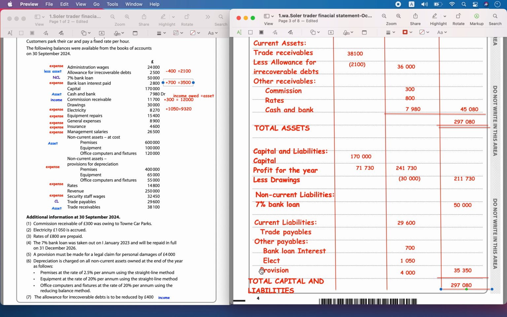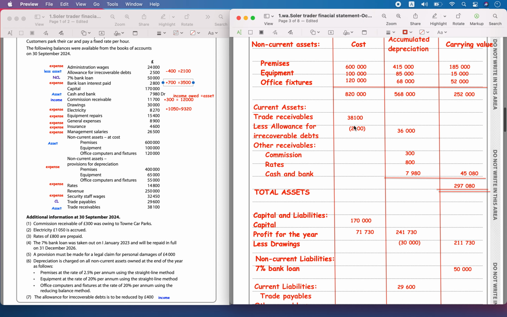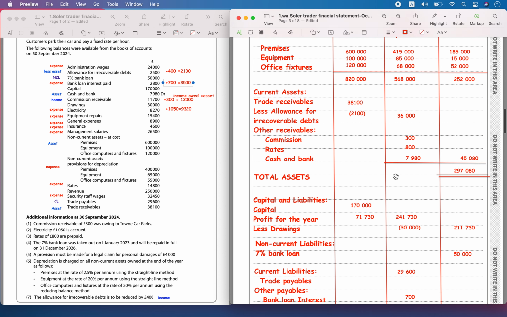So why are we including the provisions here? Usually we say that cost minus the accumulated depreciation, which represents the current carrying value, is an asset.